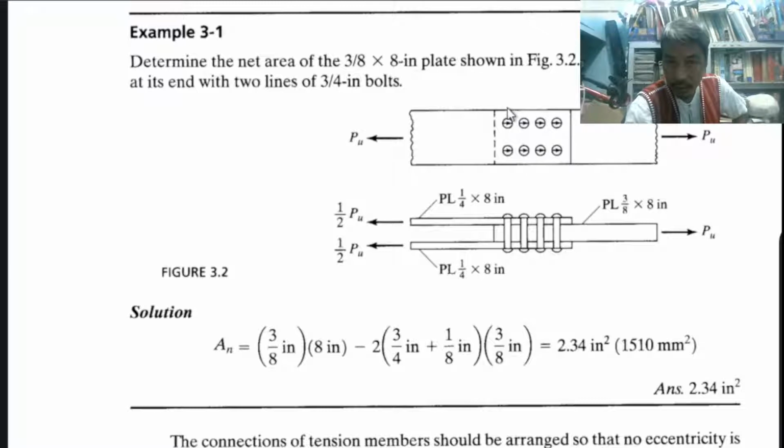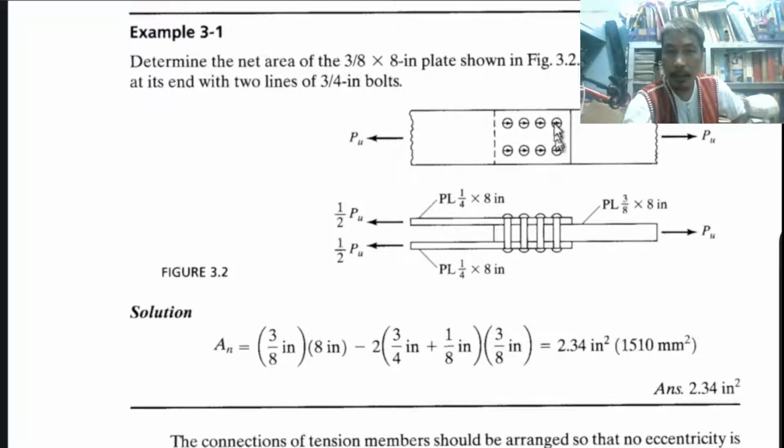Why? Because this cross-sectional line cuts the cross-section, and that cross-section is the area which would support the resistance to failure.